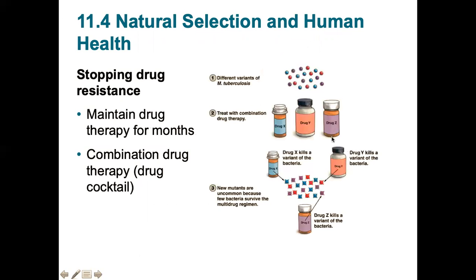So then we have to apply another drug. And if we do them all at the same time, then we don't allow that resistant population to come back. So combination drug therapy, this is last ditch effort stuff, right? So ideally, if you have a really bad infection, you do culture sensitivity and diagnostic testing, which means they're going to find out what drug works best for you for killing that particular organism and at what concentration.